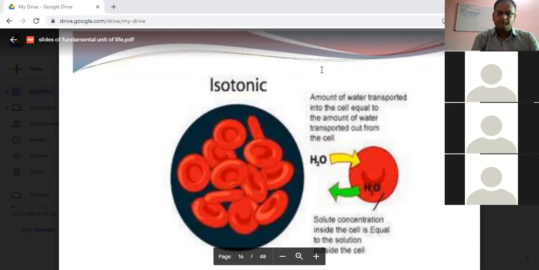The cell will be the same size. Very good. Yes, correct. Jyoti, you can mute yourself. Well said. The medium surrounding the cell has the same water concentration as the cell, and as a result, there is no net flow of water from the inside to the outside.